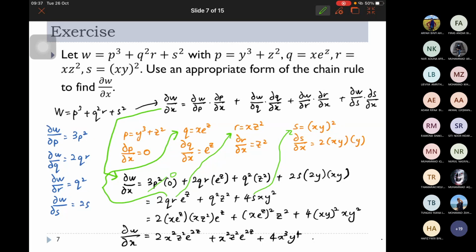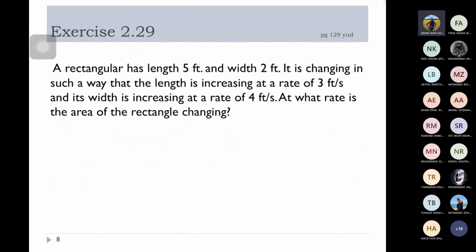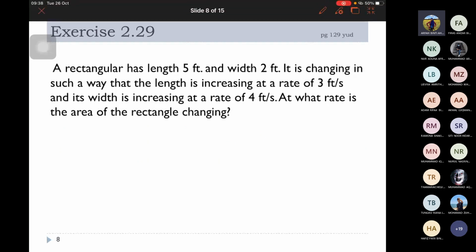Okay. So, the next question is stated in here. Okay. Rectangular. Rectangular apa? Segi empat. Dia ada 5 feet and 5 kaki. Panjang 5 kaki, width apa? Lebar. Okay.